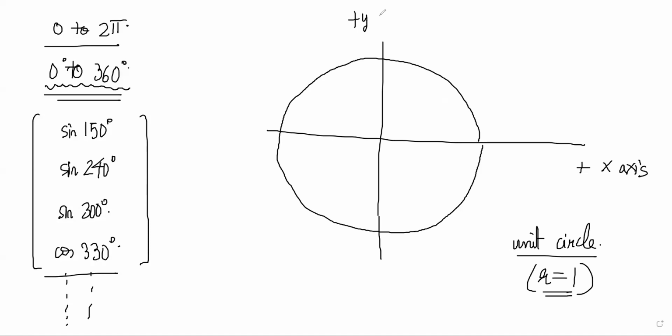This is your positive y-axis. And think of the circle center as O, which is 0, 0. And think of this point as P. And if the point P moves from here along the circle, it can come to many of these points, any of these locations it can come, right? These are possible locations of point P, right?